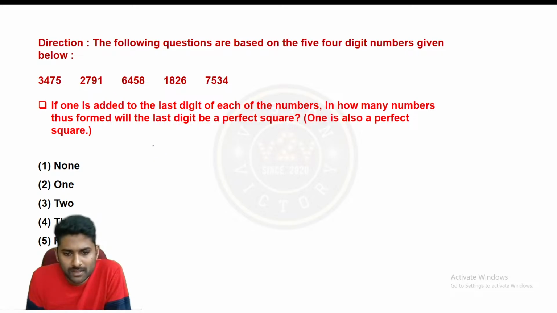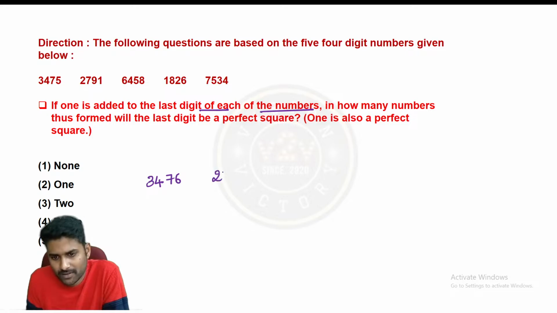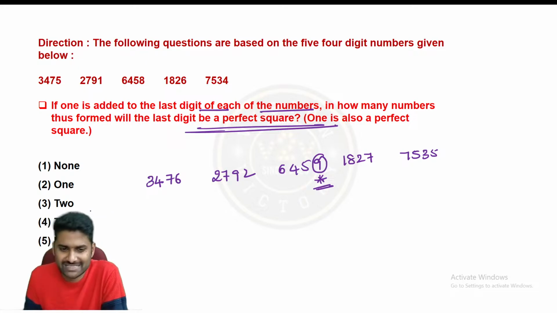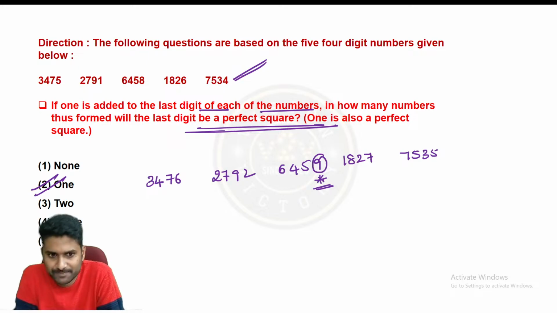Now see, according to these numbers, if 1 is added to the last digit of each number, 3, 4, 7, 6, 2, 7, 9, 2, 6, 4, 5, 9, 18, 27, 7, 5, 3, 5, then how many numbers thus formed will have a last digit that is a perfect square? Guys, you can see the last digit that is a perfect square is 9. So you will get only one number according to that condition. But whatever question you solve in this particular model, you have to consider these numbers only. Don't change the numbers, guys.